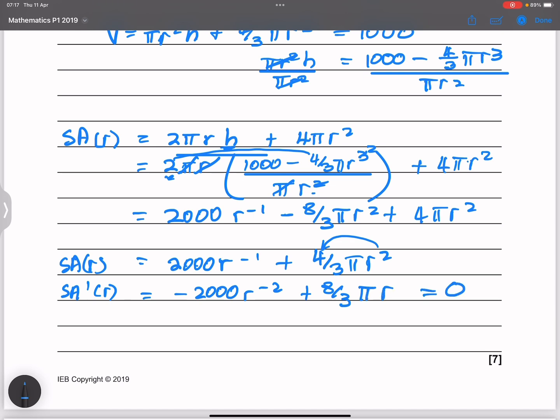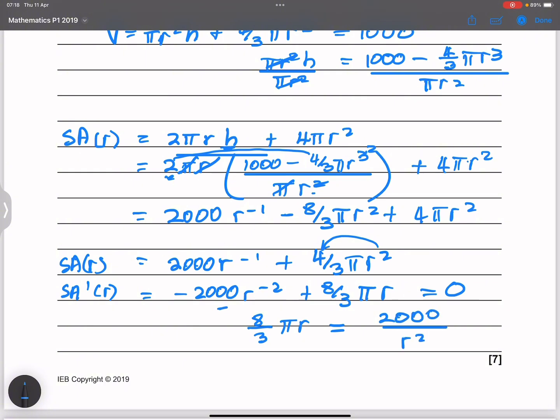Right, so let's try to solve that. If we take the 2000 over the other side, I'll have 8 over 3 pi r is equal to 2000. Now please remember the r to the minus 2, I can simply say this is over r squared.